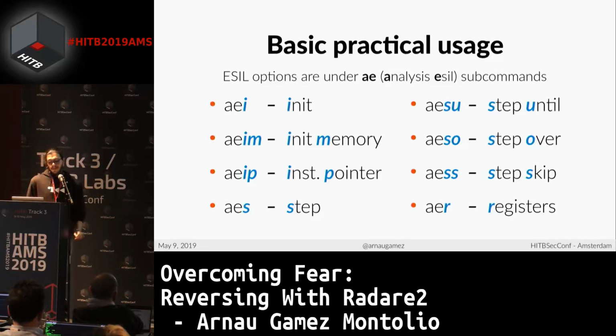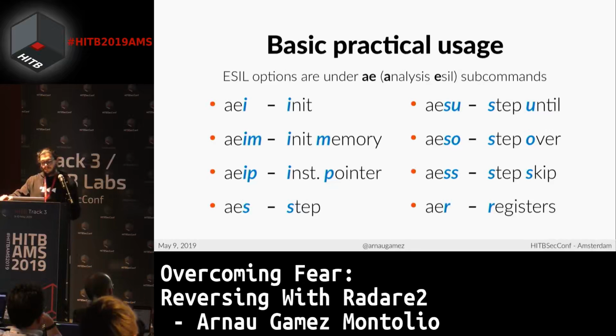It's already done. Then the instruction pointer. Okay, we want to move the instruction pointer, and now we have kind of familiar instructions. If you have debugged something, there is stepping until an offset, stepping over to not enter into a function, step skip to skip some of the instructions, and we can also show the registers.